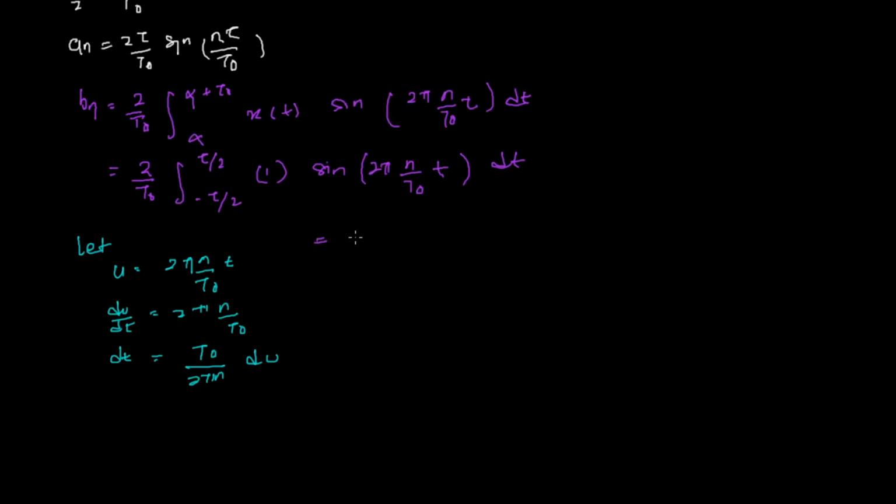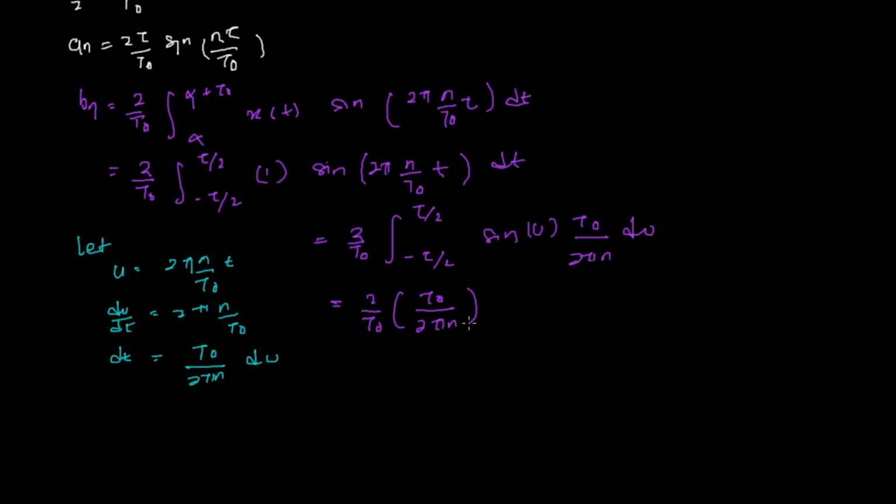So we get sine u times t0 over 2 pi n du. Same concept, this is a multiplier, hence you can bring it in front. So this is sine u du.